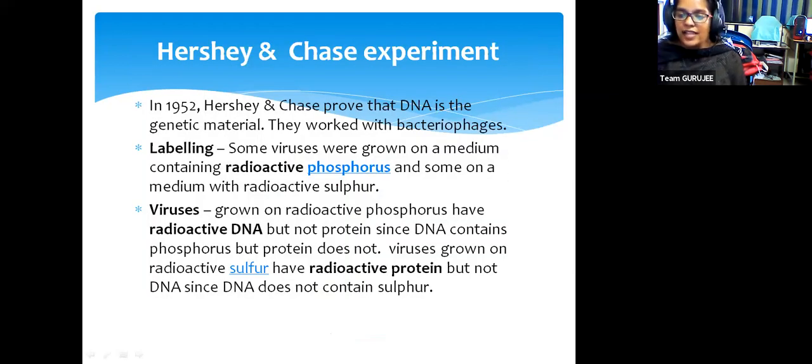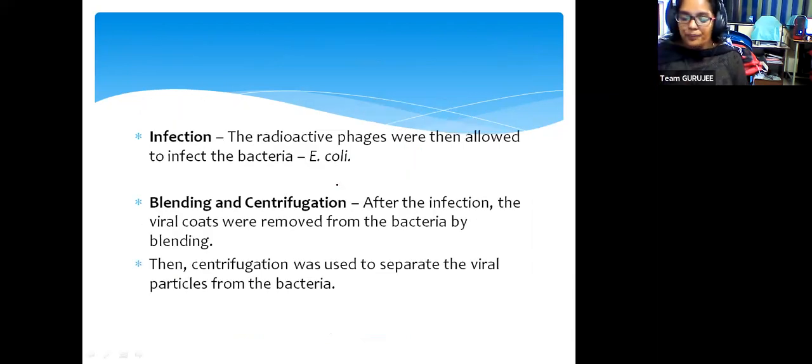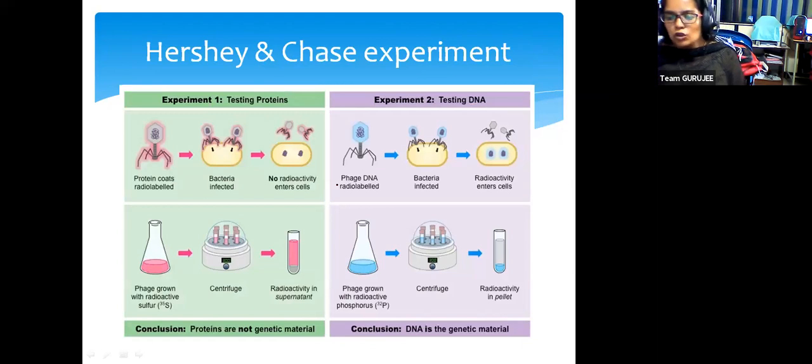The next experiment is the Hershey and Chase experiment. Hershey and Chase used radioactive substances. They used 2 radioactive substances: radioactive sulfur and radioactive phosphorus. In the first experiment, they added the radioactive substance into the media.